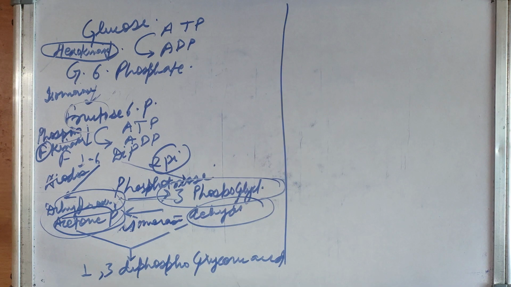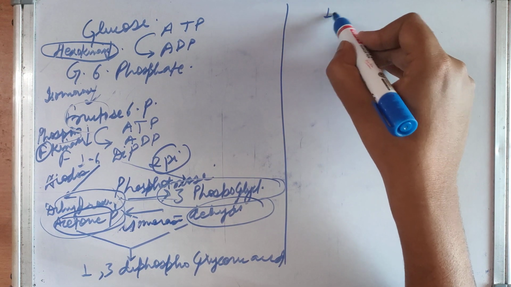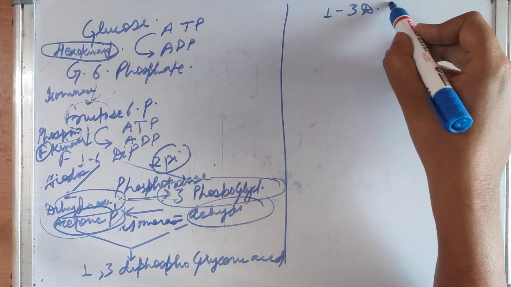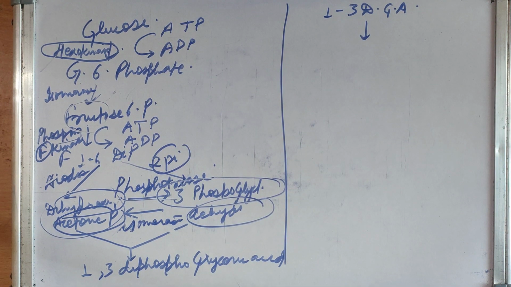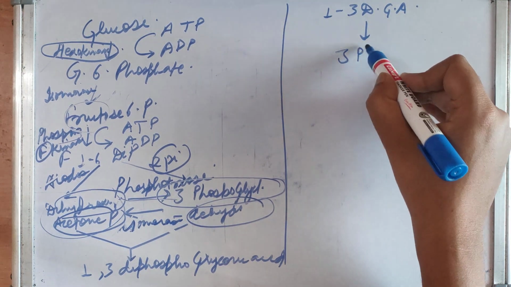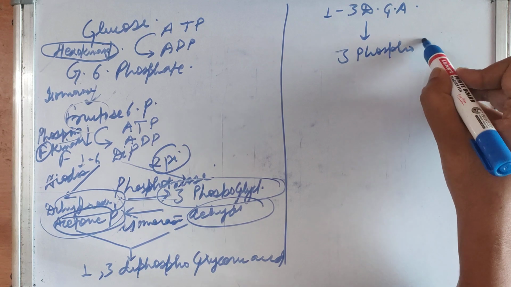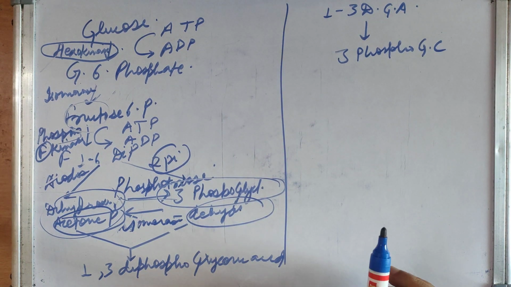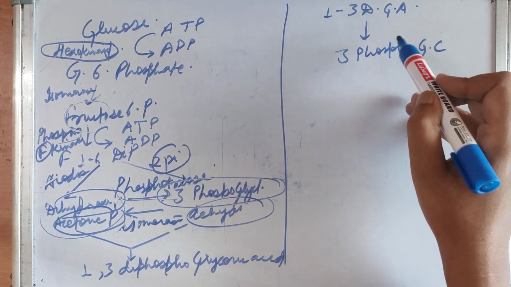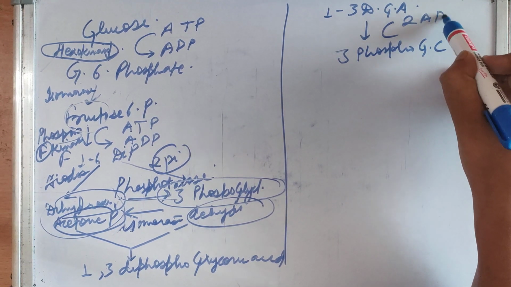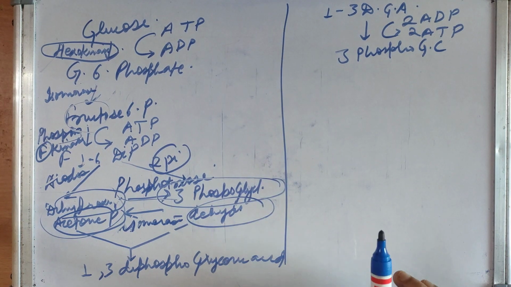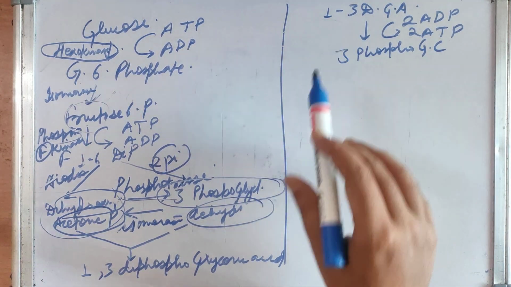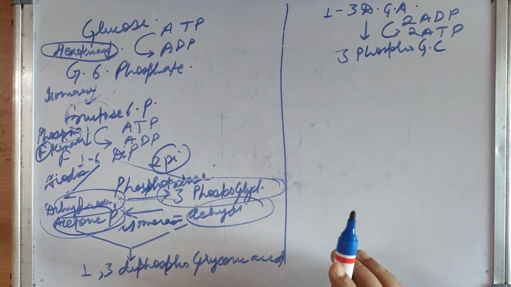Now moving on, from this 1,3-diphosphoglyceric acid, 3-phosphoglyceric acid is made, and here also 2 ADP is converted into 2 ATP, and here the enzyme that is used is phosphoglycerokinase.